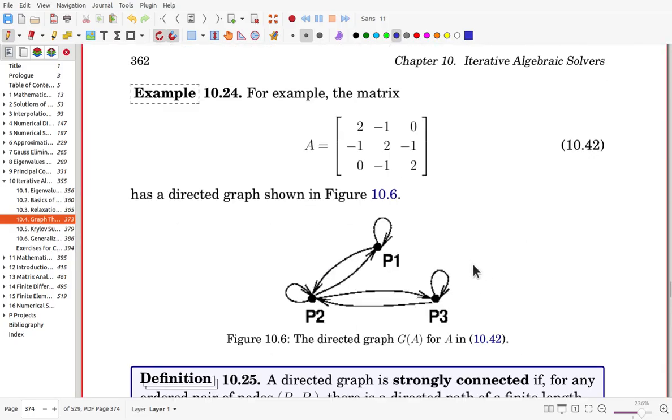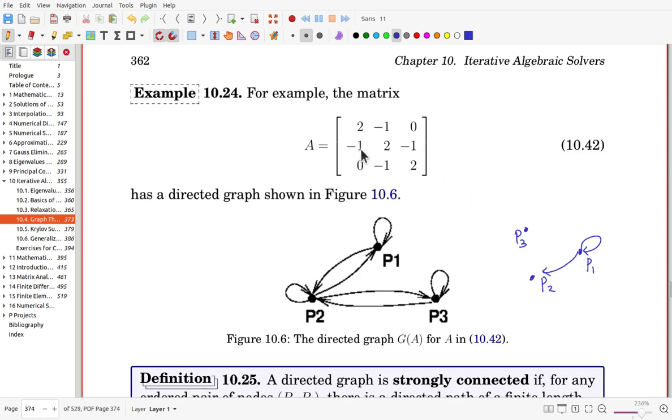Look at this example. Consider this matrix. Now we put here P1, P2, P3. You can arrange them some other way; for example, you have 3 points here, here, here, and you may say that is P1, that is P2, and that is P3. It doesn't matter. Let's make a directed graph for this arrangement. A11 is non-zero, so we have an arrow from 1 to 1. A12 is non-zero, so we have that arrow.